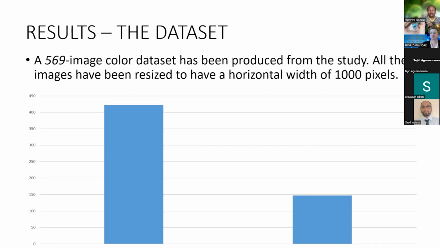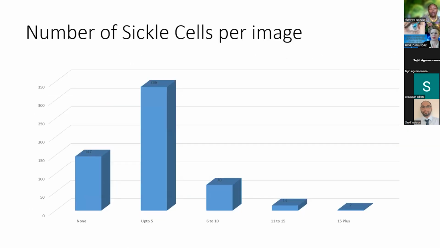This was done by design because the negative samples tend to be almost all the same, so we didn't have to have very many of them. But with the positive ones, you find that some are very sickled, some are slightly sickled. So for those we concentrated on them, and we have many images of that.